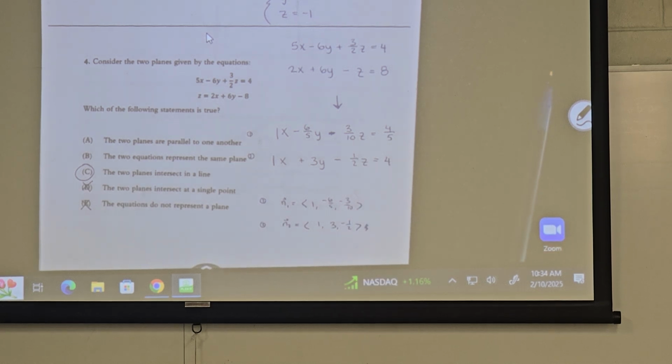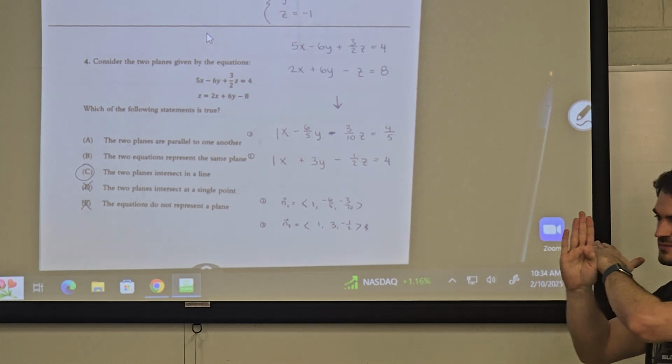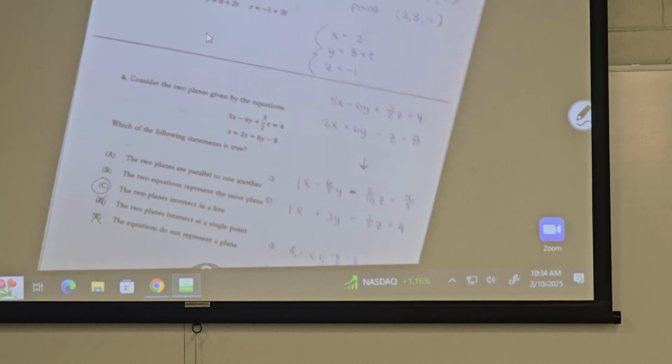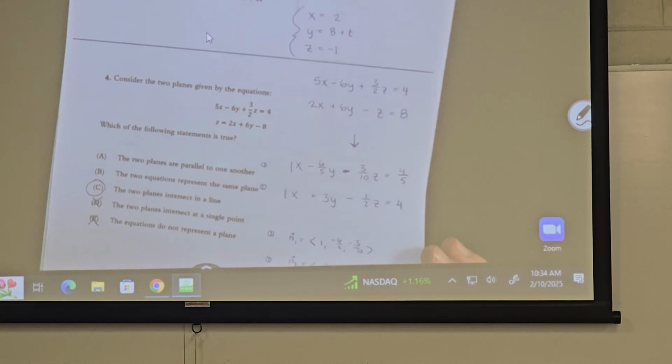Wouldn't matter, because even if they're perpendicular, they still intersect in a single line. So not needed. Questions on 3 and 4 before I flip the page?